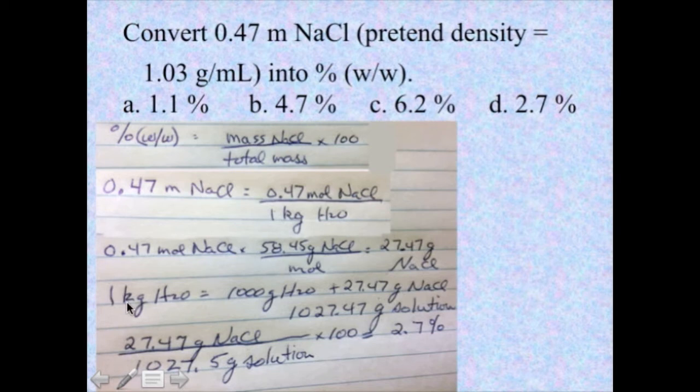And we take our kilograms of water and convert it to grams, 1,000 grams, and add it to the grams of sodium chloride. So now we have the total mass. So divide the grams of sodium chloride by the total mass times 100, and we get 2.7%.